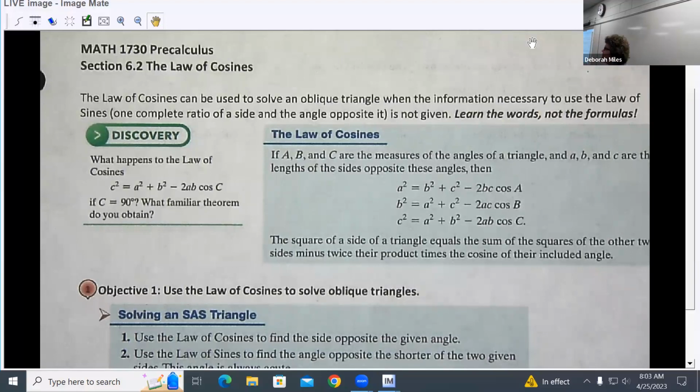The nuisance about law of sines is that ambiguous case, where sometimes no triangle exists, sometimes you get just one triangle, and sometimes you get two triangles. But still, we can use law of sines whenever we have that one complete ratio.